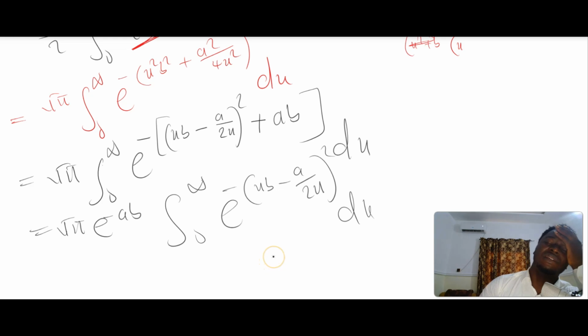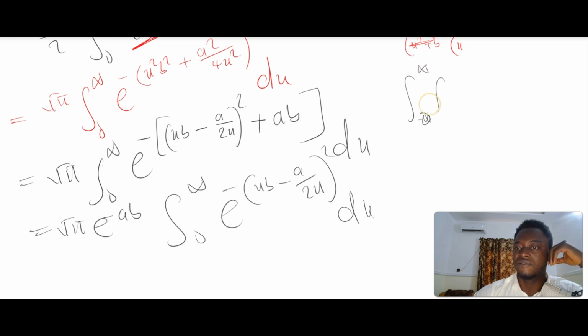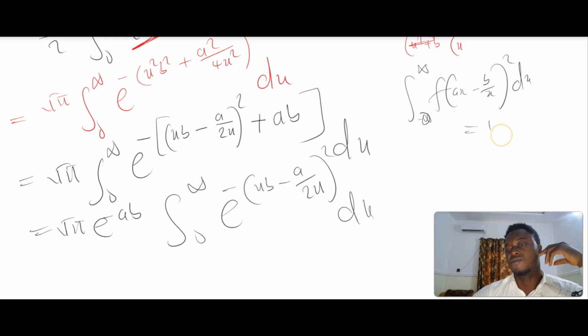Now if you use the so-called Cauchy-Schlömilch theorem, the one I proved, the link is in the description, we have the integral from 0 to infinity of f of (ax minus b over x) all squared dx is 1 over a times the integral from 0 to infinity of f of x squared dx.